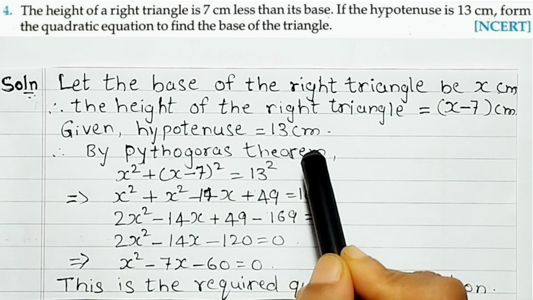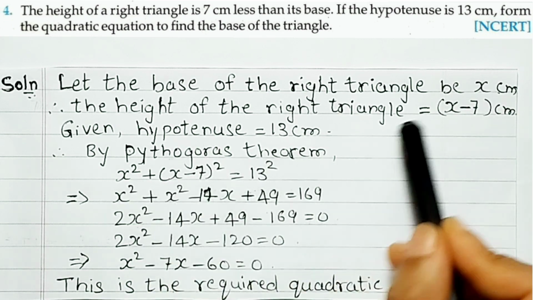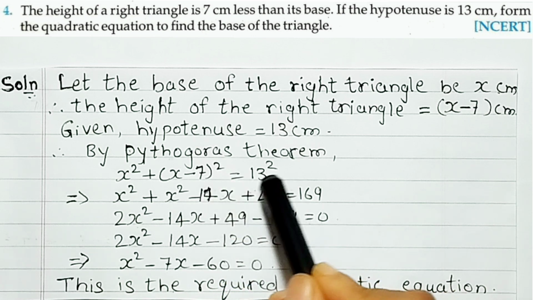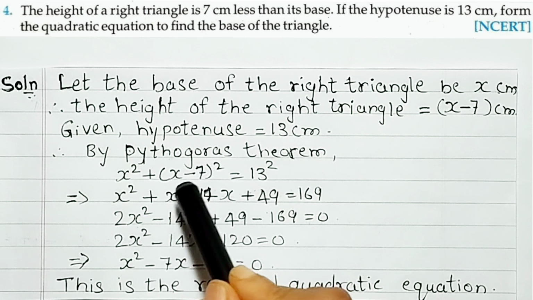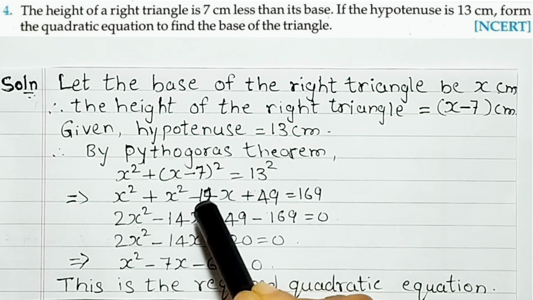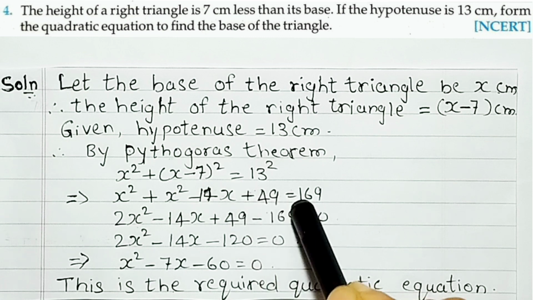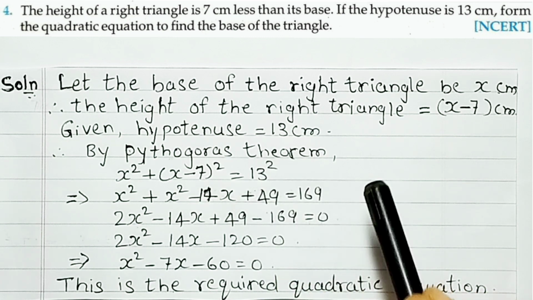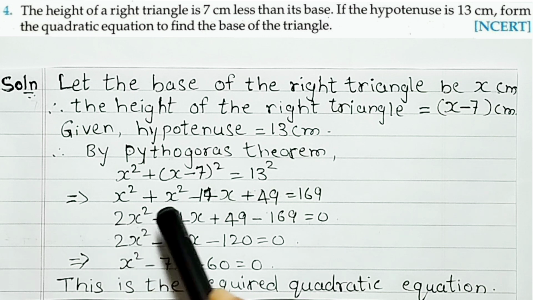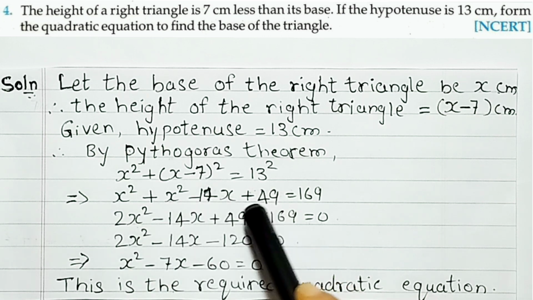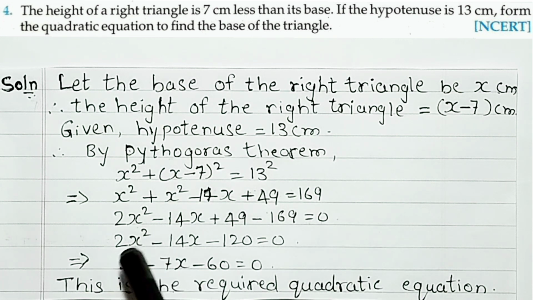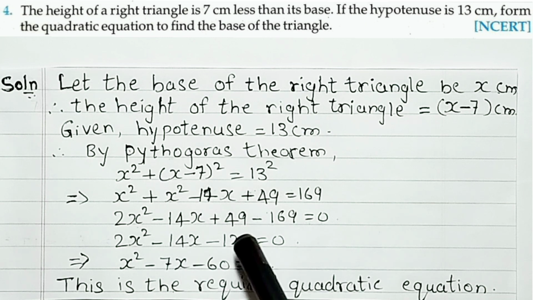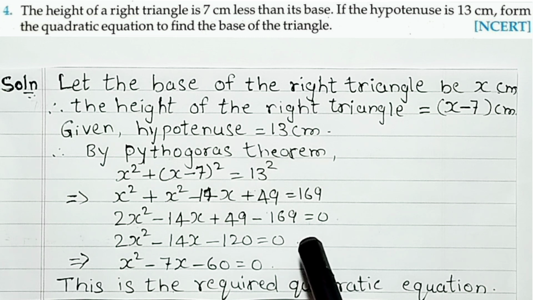We know that by Pythagoras theorem, base square x square plus height square (x minus 7) whole square is equal to hypotenuse square. Apply the (a minus b) whole square formula: x square minus 14x plus 49 is equal to 13 square, 169. x square plus x square, 2x square minus 14x plus 49 minus 169 is equal to 0, or 2x square minus 14x minus 120 is equal to 0.